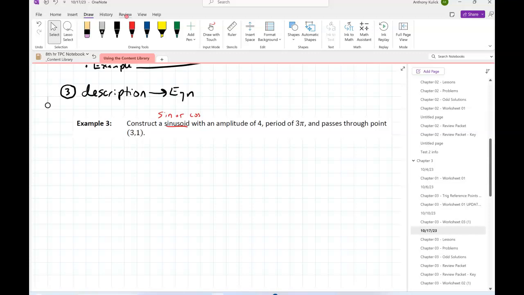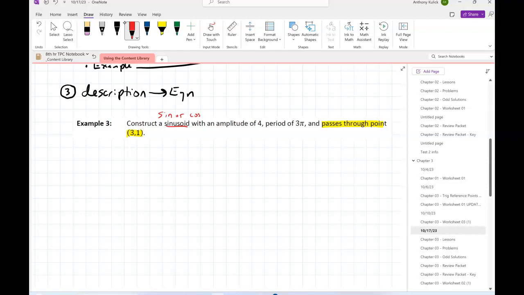So let's talk about how I'm going to choose. It's all going to boil down to the point or points that are given to me. So here, the problem just says the graph needs to pass through this point, right? Doesn't tell me what kind of point it is.